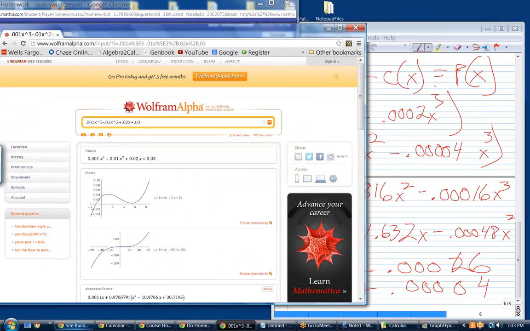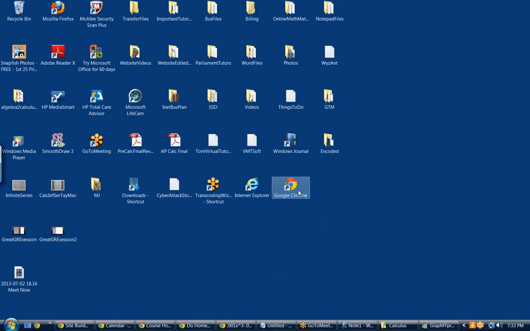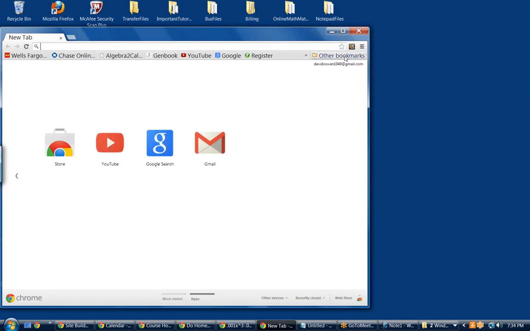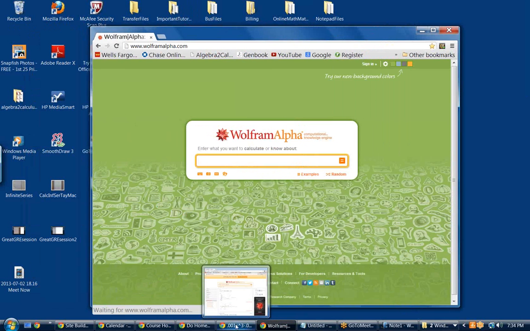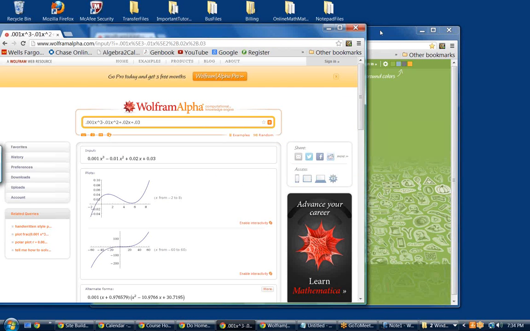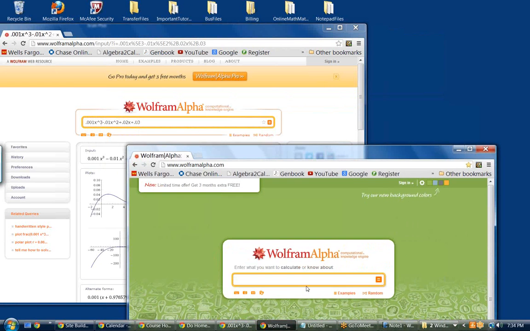In fact, let me open up another Wolfram Alpha so that I can leave this one up. What's the first derivative going to be? 0.003 x squared minus 0.02 x plus 0.02.